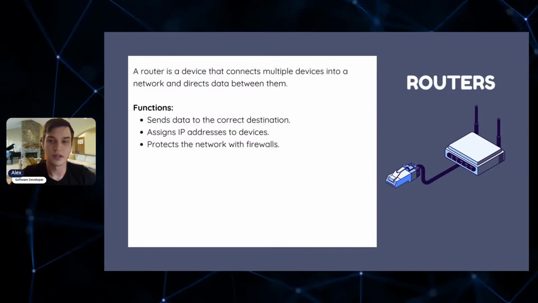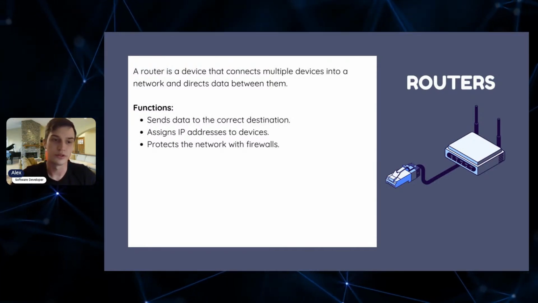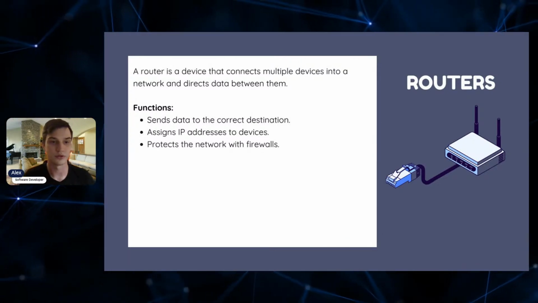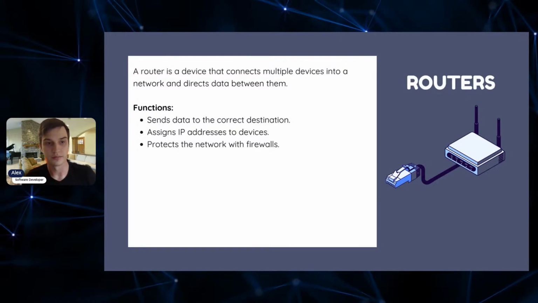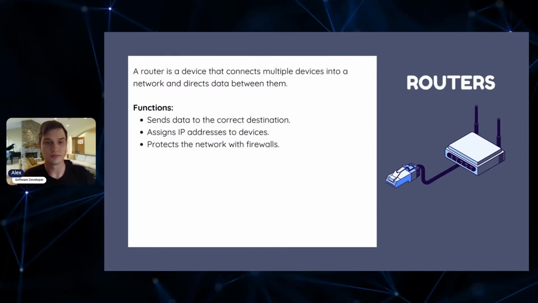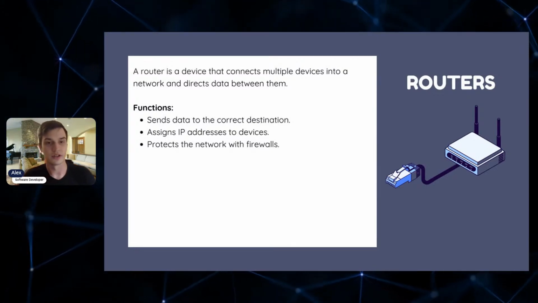So people decided that, okay, we will use routers. Routers will make routes and send information from source to destination directly, not to everyone. So it's the first function of the router.